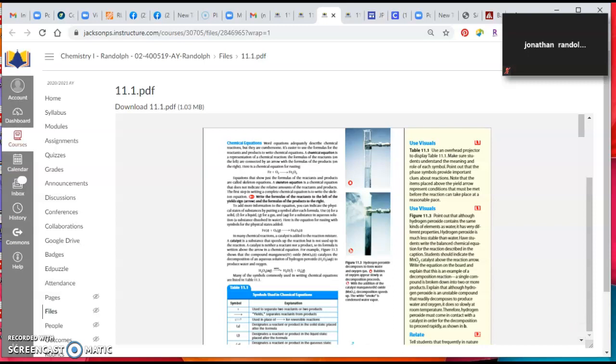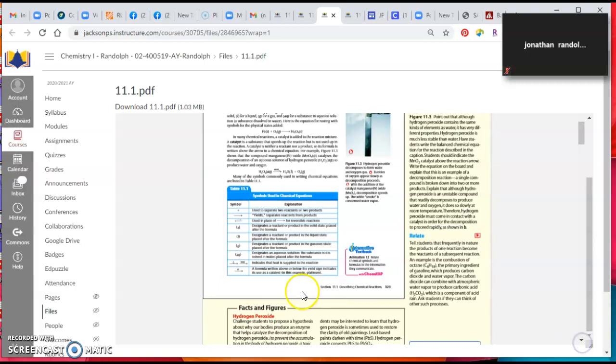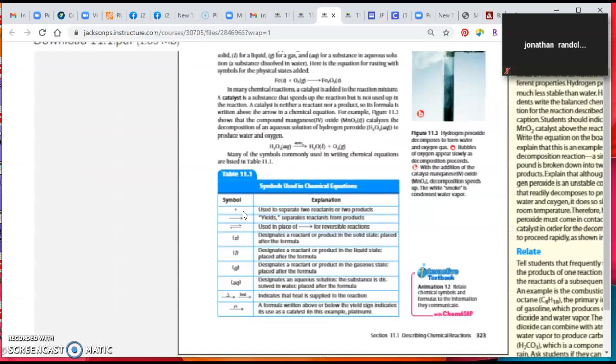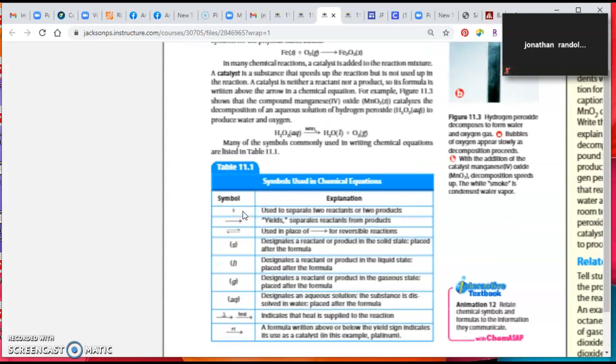There's a yield sign, which, simply put, is an arrow. If you use two separate things, the addition sign means that you're putting those together. The yield sign is an arrow that goes from one side to the other.